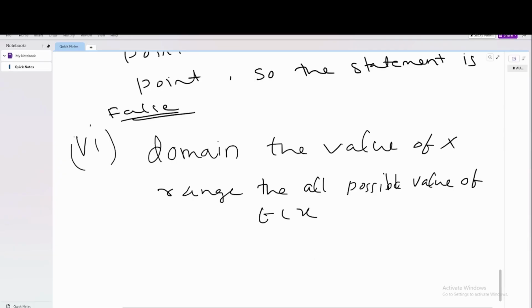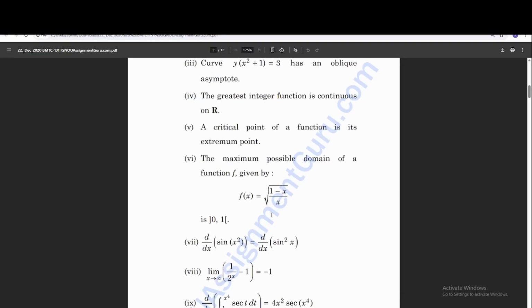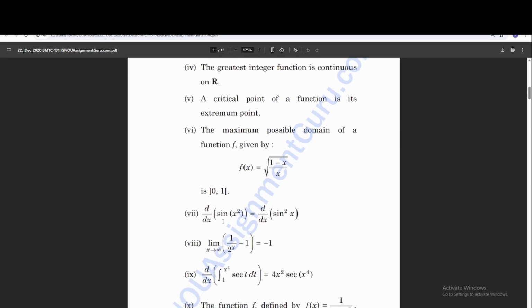Here the given statement is f of x is equal to root of (1 minus x) by x has range 0 and 1 excluded. This statement is false. When we look at it we feel like this statement is true, but it is false. Let me prove that.